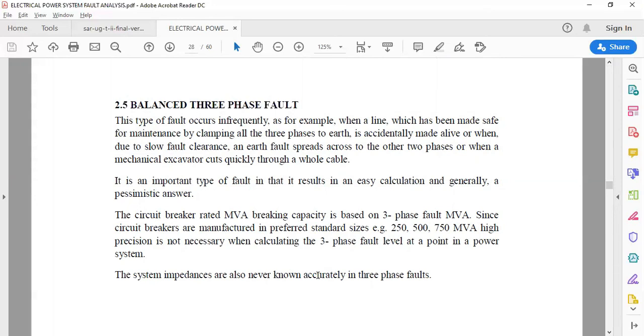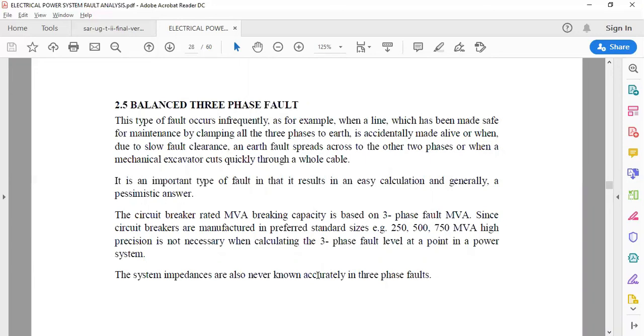For example, when a line which is made safe for maintenance by clamping all three phases to earth is accidentally made live, or when, due to slow fault clearance, an earth fault spreads across the other two phases, or when a mechanical excavator cuts quickly through a whole cable.